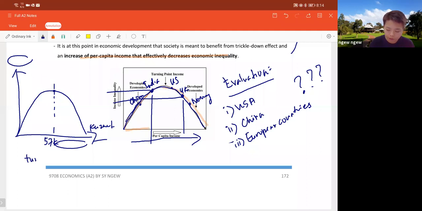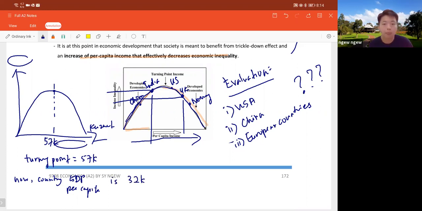The turning point is 57,000 GDP per capita. And now the country's GDP per capita is, let's say, 32,000. Okay, this is where the country is standing.